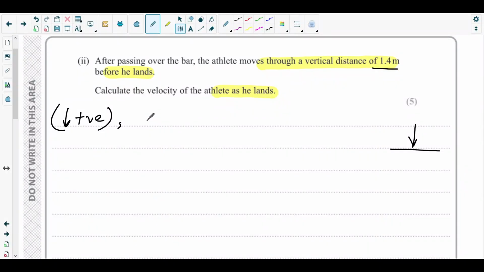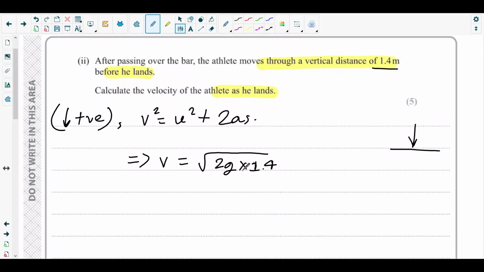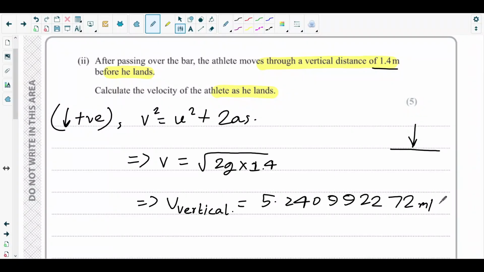We use v squared equals u squared plus 2as, so v equals the square root of 2gh, the square root of 2 times 9.81 times 1.4, which gives 5.240992272 meter per second.